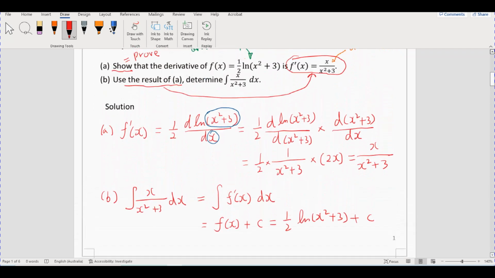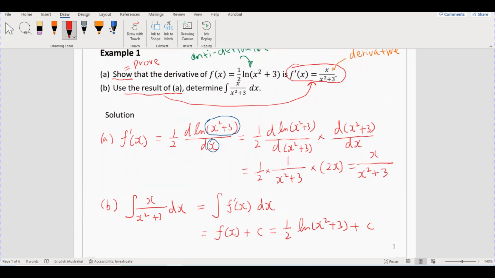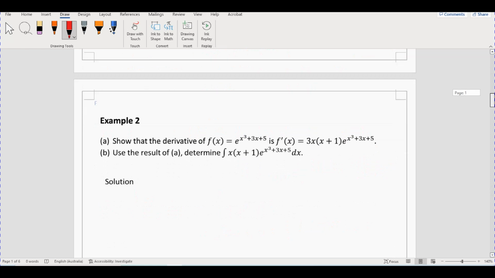So that would be the structure for most of the questions in this part on further techniques for integration. You always find the derivative in part A, then they will ask you about the integration of that derivative. The trick is, without part A, you can't do the integration in part B. So you have to apply part A to do part B. All right, let's have a look.